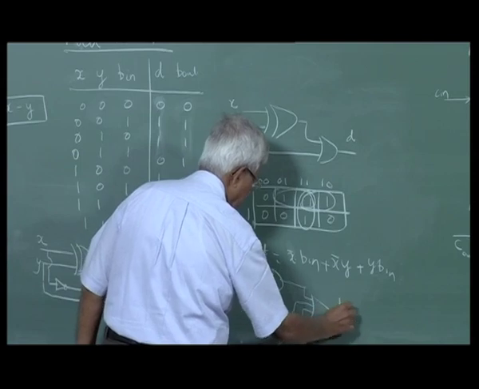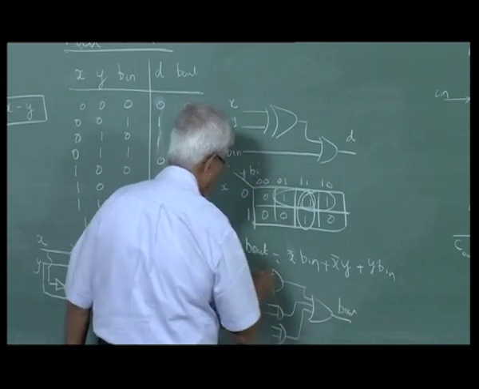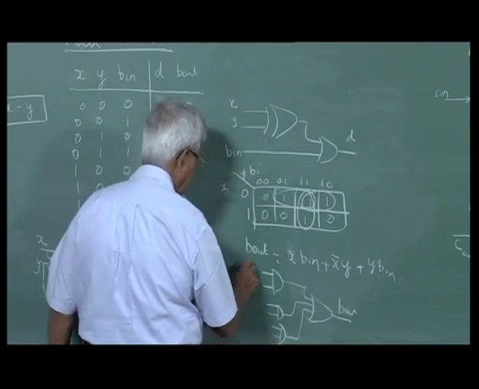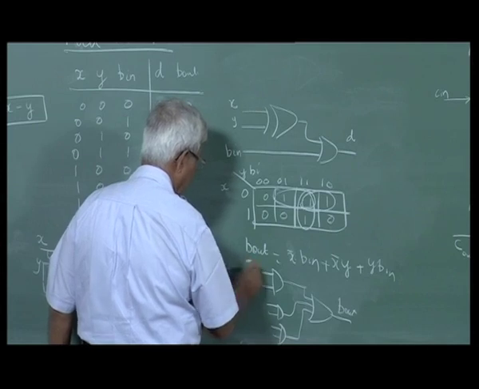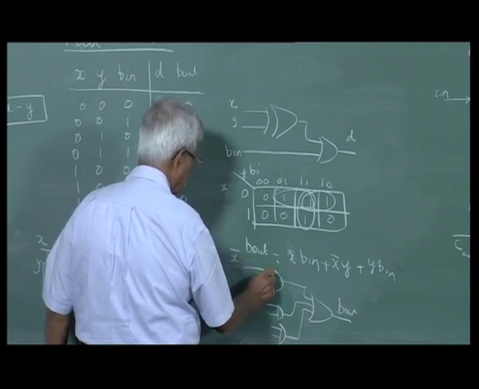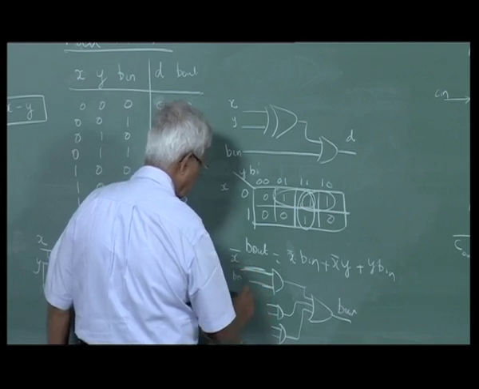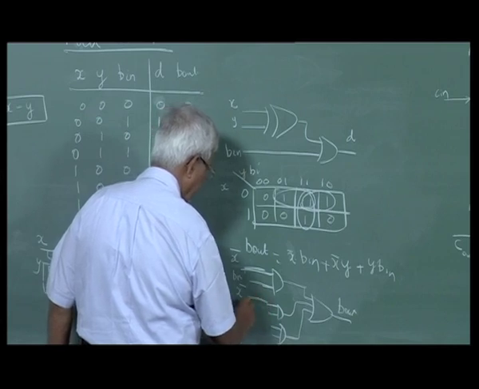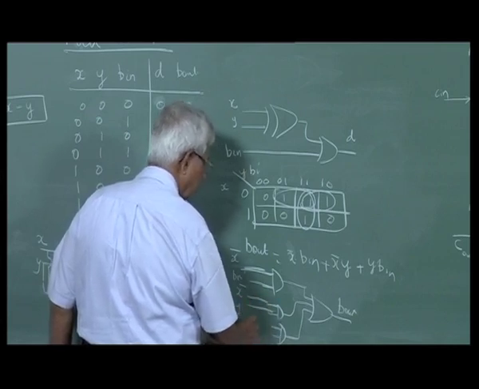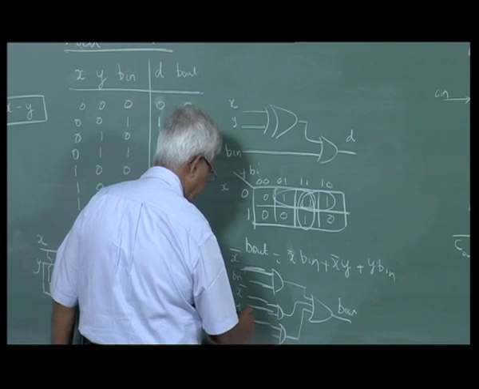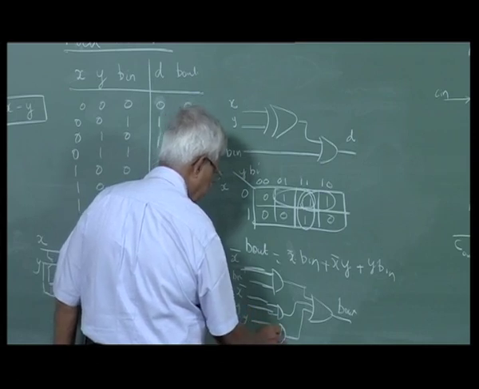B out, this is x bar, B in, x bar, y, y, B in.